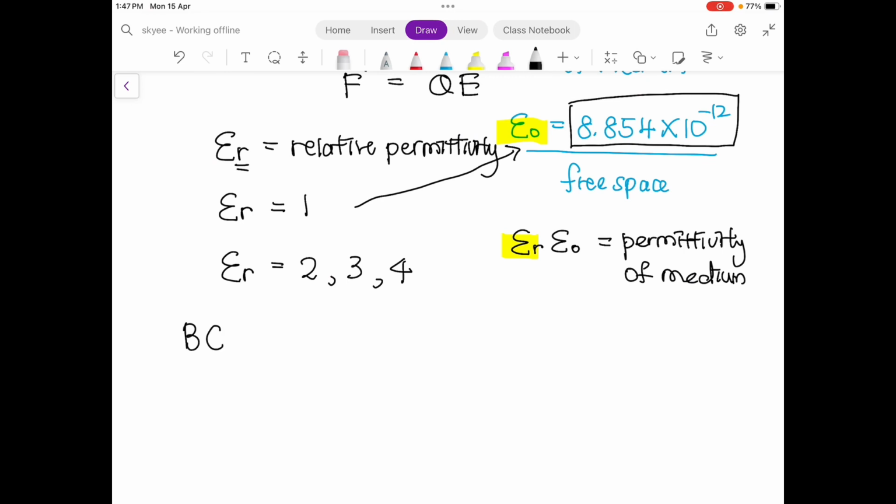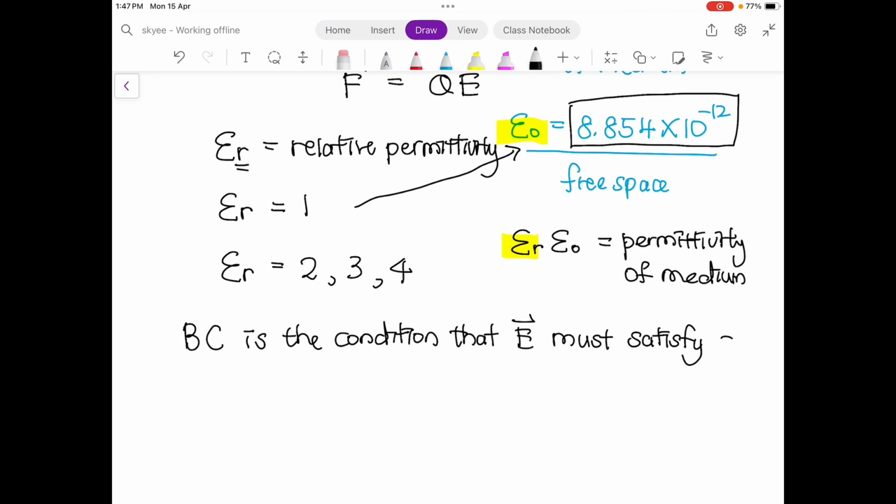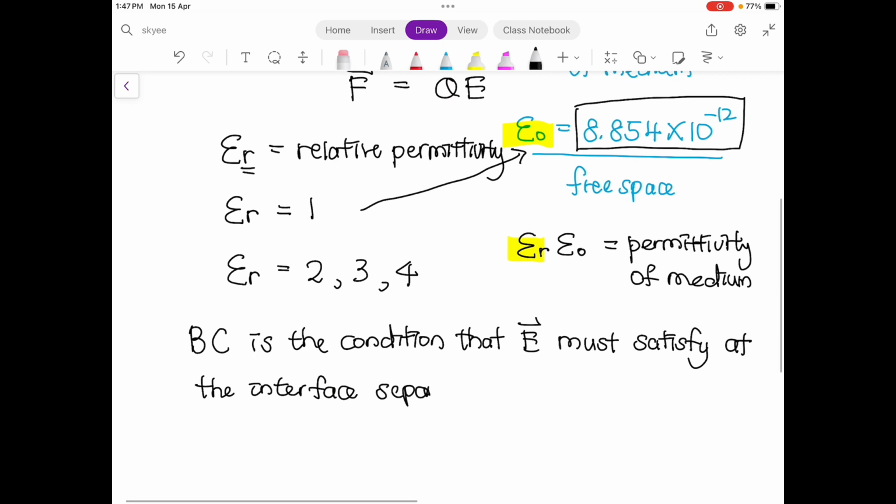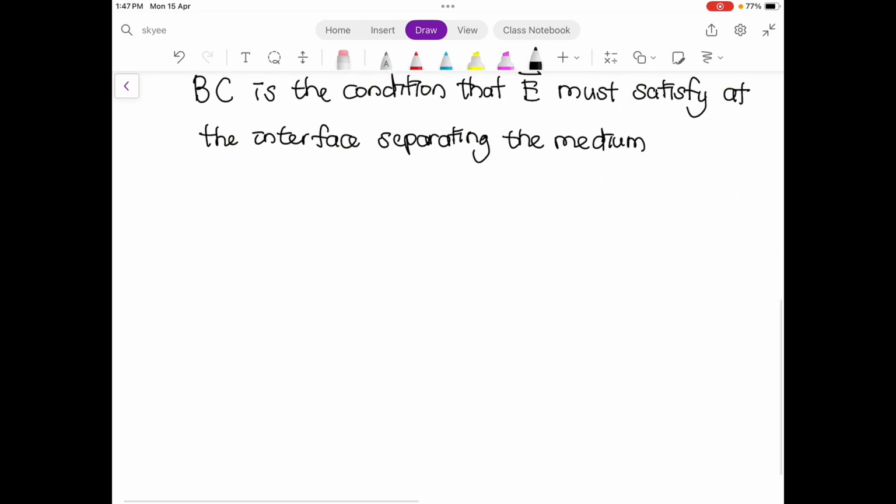Boundary conditions are the conditions that the electric field must satisfy at the interface separating the mediums.